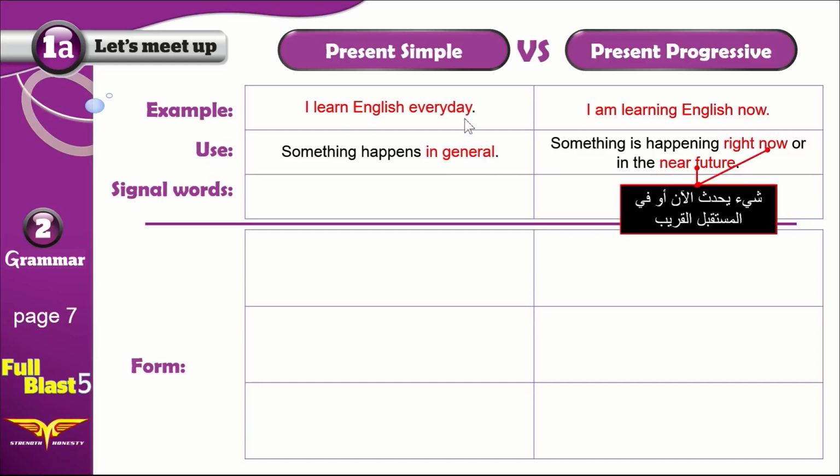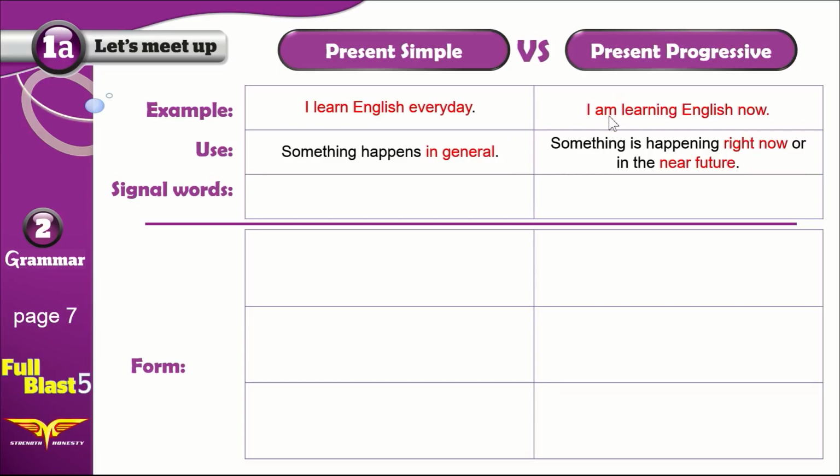Let's say that you go to visit your grandmother at the weekends. Every weekend, every Friday, you go to your grandmother. So you say, I visit my grandmother at the weekends. Present simple, because it happens in general.